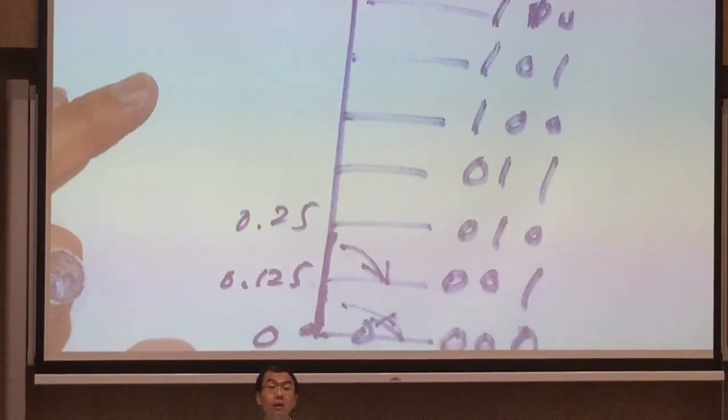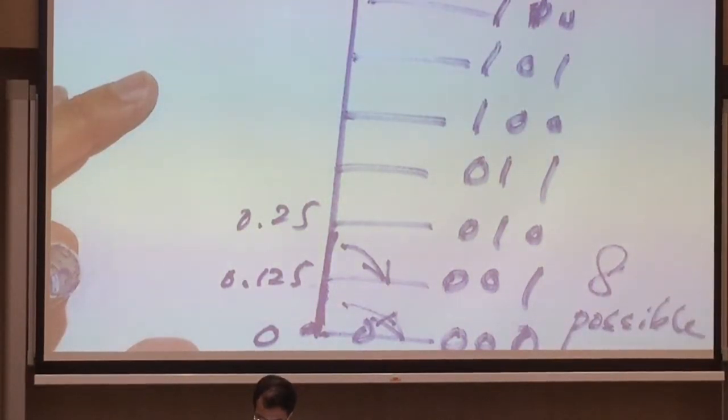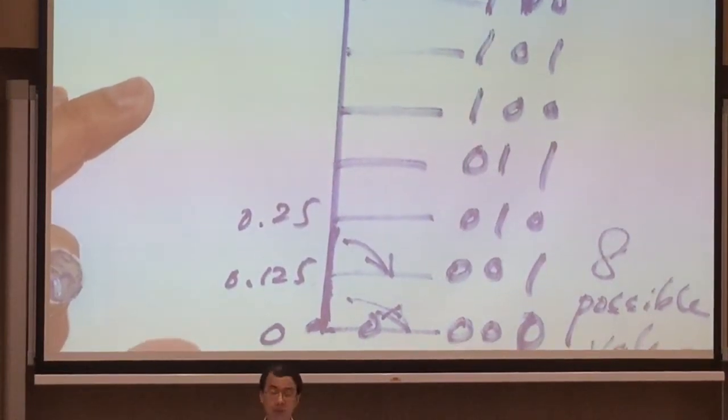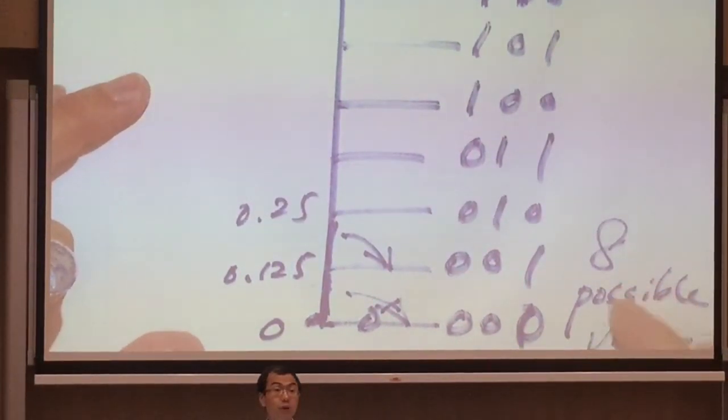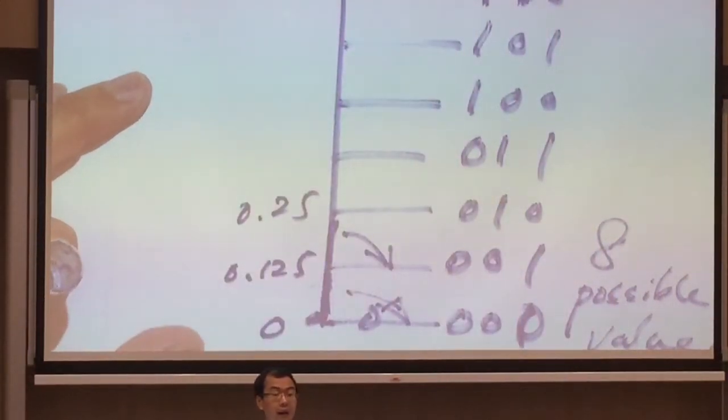So now you see the issue. Your digital output only has 8 possible values, and you want to use these 8 possible values to represent any numbers in between 0 to 1.